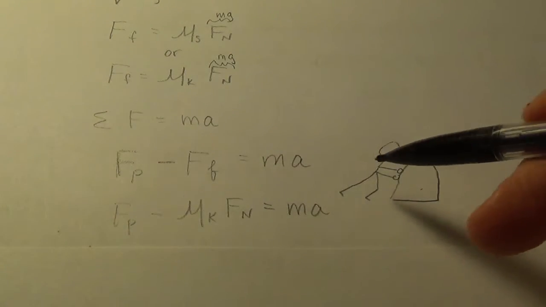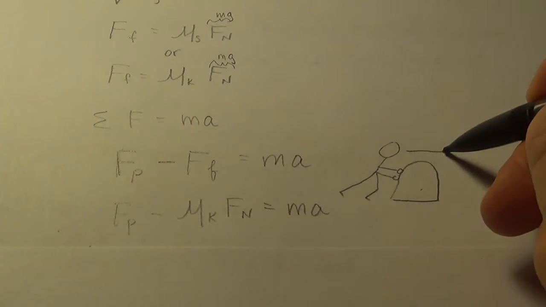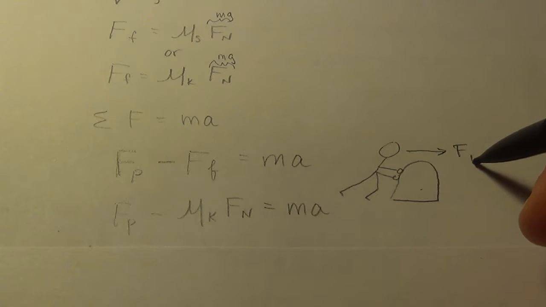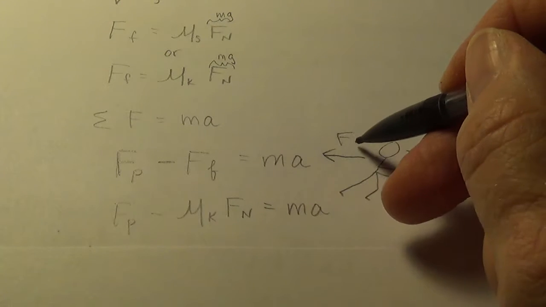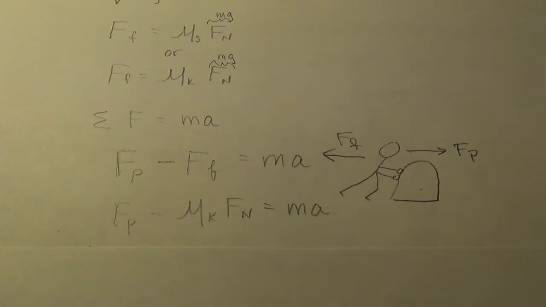Force of friction is always opposite motion. So we have the force of the push, and we have force of friction opposing it, always in opposite directions.